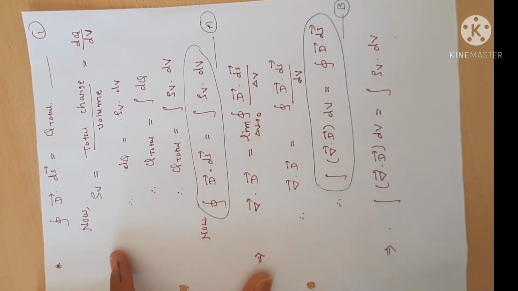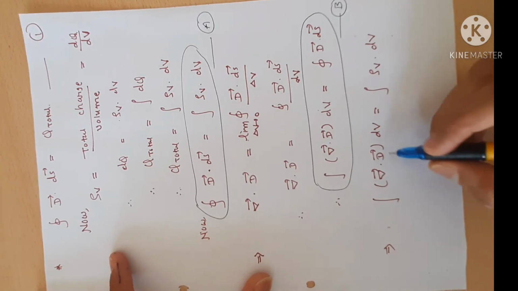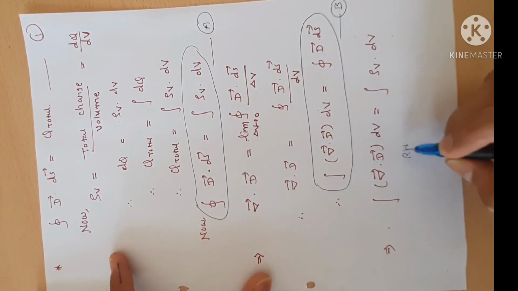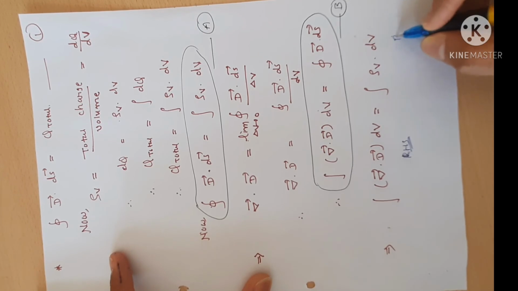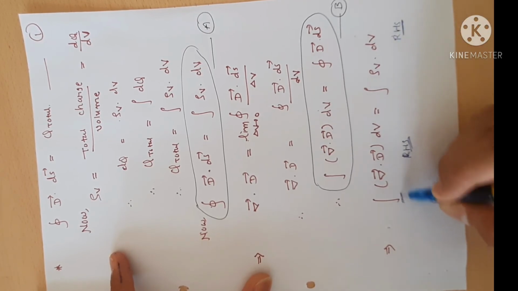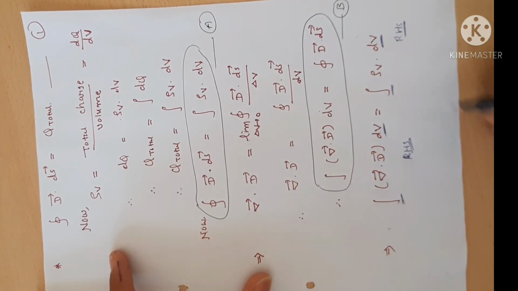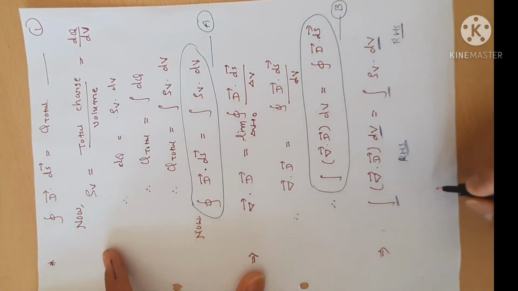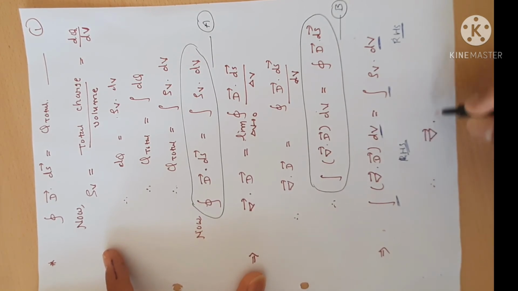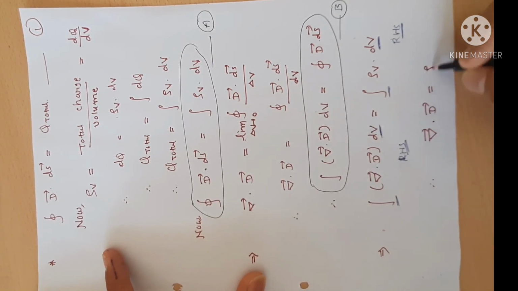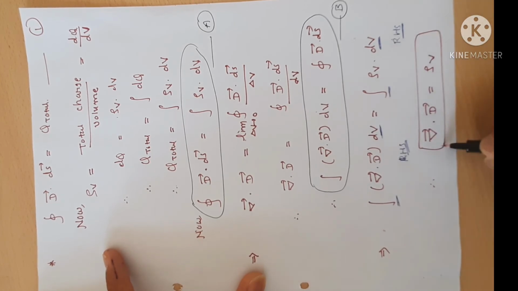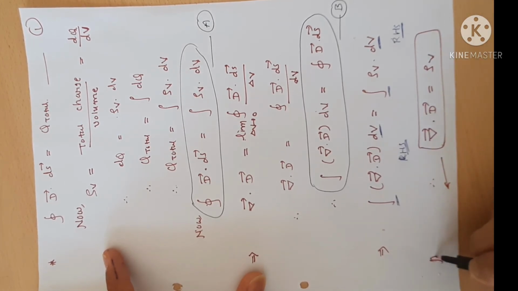You can compare the left hand side part and the right hand side part. Here it is integration, here it is dv. So this is nothing but Maxwell's first equation in point form, which is del dot D is equal to rho v. It is known as Maxwell's first equation, del dot D is equal to rho v.